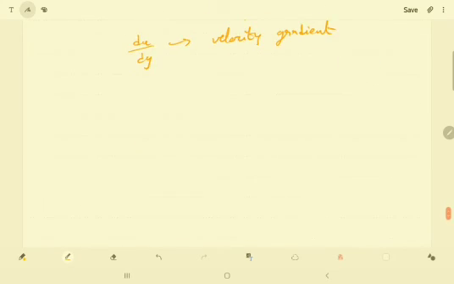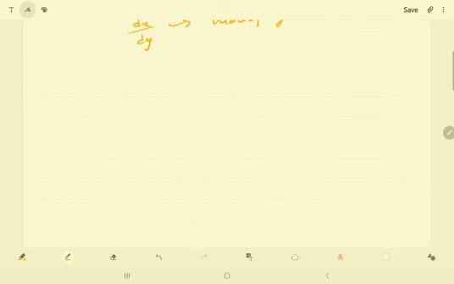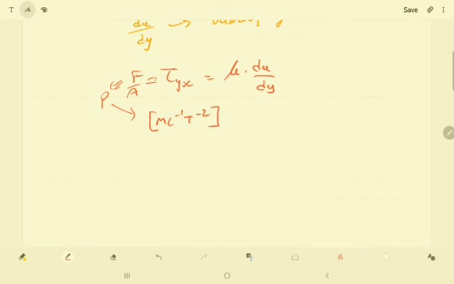So what are the dimensions of the viscosity? Let's find it out now. As tau yx equals mu into du by dy, the dimensions of stress are force by area, which is dimensionally pressure. The pressure dimensions are M L inverse T power minus 2.